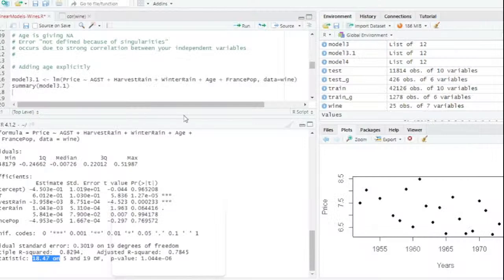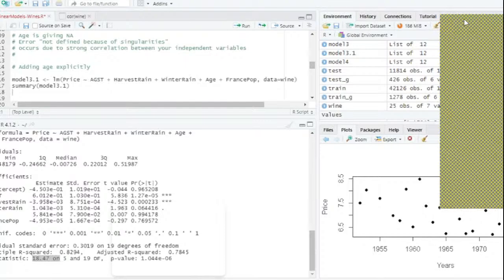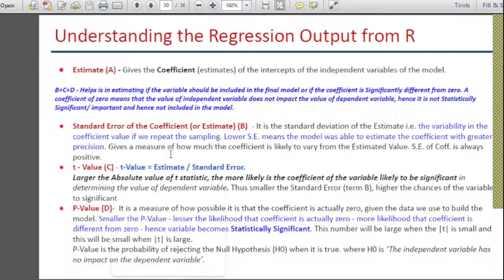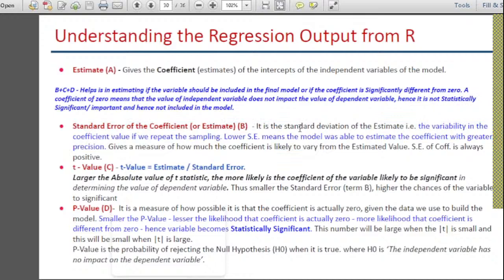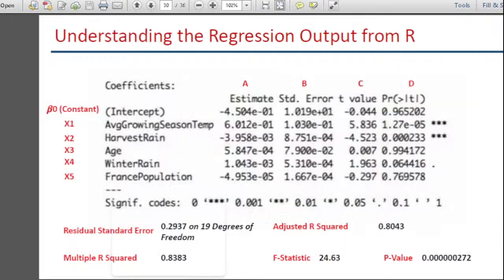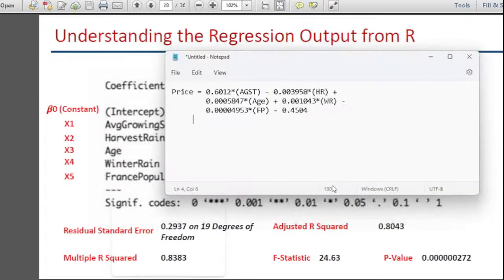Now, yes, Bharat, what do you want me to do? Estimate B. What is estimate B? Okay, this one. It is the standard deviation of the estimate. This is my estimated coefficient of the regression equation. I created a regression equation from this.